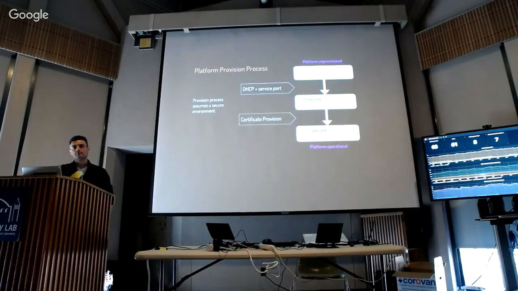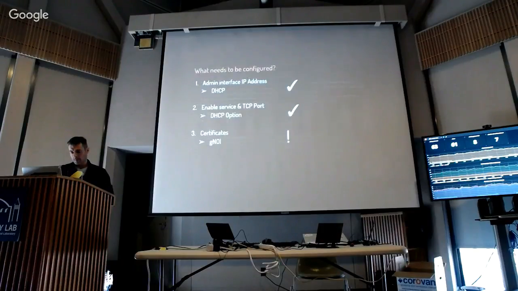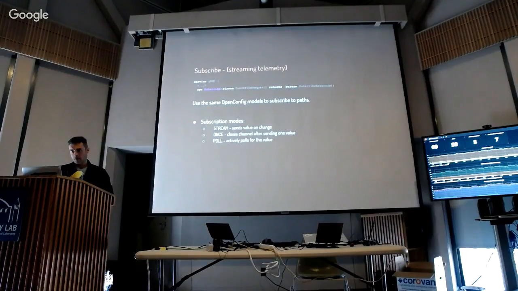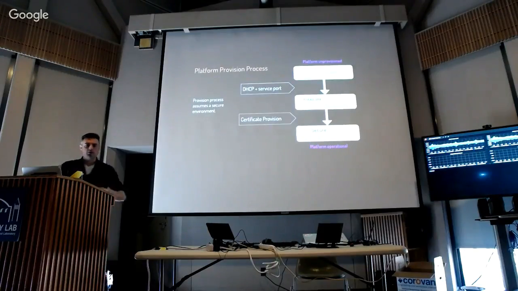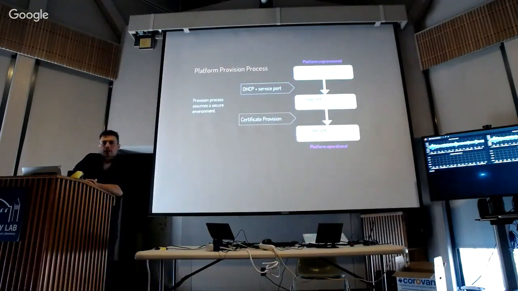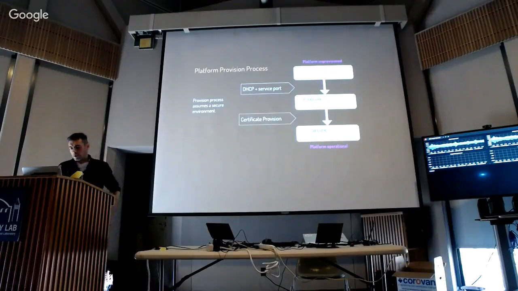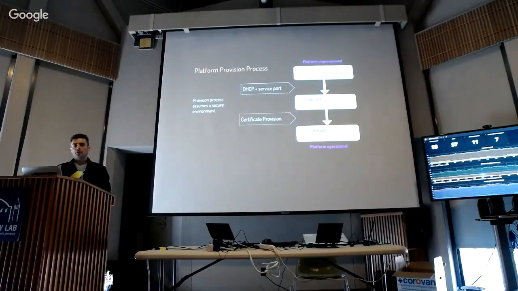Or users and passwords. Is there a way in the initial secure GNOI connection to configure users? So when we use GNOI, sorry, can you speak louder? For users and passwords, right now, is there a way to configure in GNOI a new user and password to be used later with GNOI? No. The primitives for the RPCs that exist to configure passwords use OpenConfig models for users and passwords.